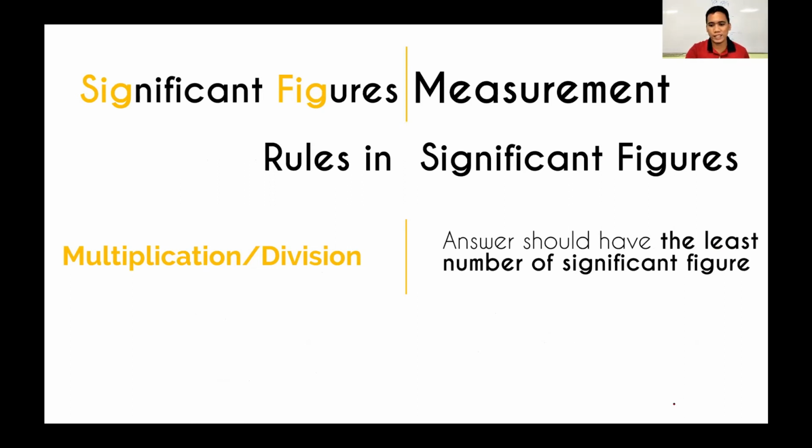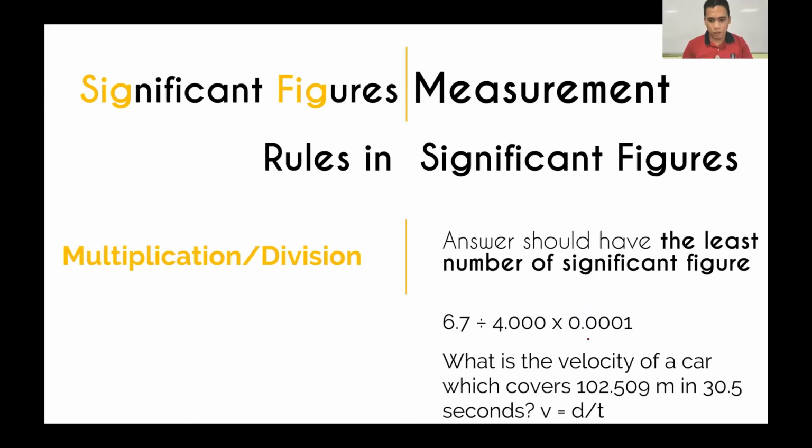So the answer should have the least number of significant figures. Okay, for example, what is the velocity of a car which covers 102.509 meters in 30.5 seconds?